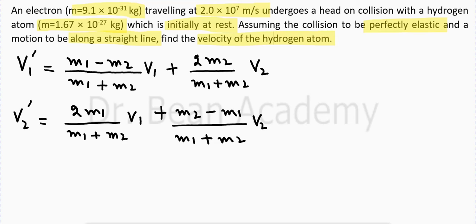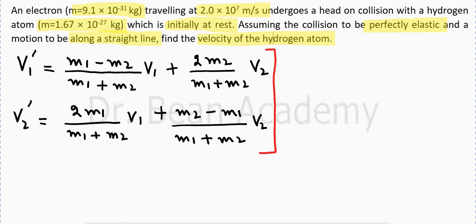So to solve this question, I have already put the relevant formulas here. So once again, I want to refresh the information about the elastic collision for the students who did not listen to that lecture or who don't want to listen to that lecture. So let's discuss the elastic collision briefly.